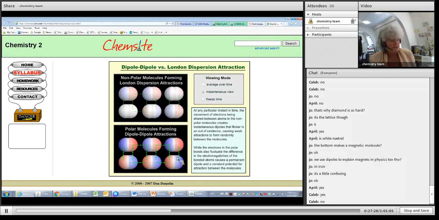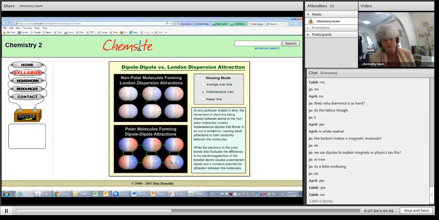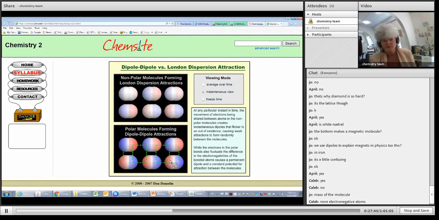What will make these green attractions bigger or smaller? Not the mass of the molecule. The mass of the molecule only affects the temporary dipole force of attraction.